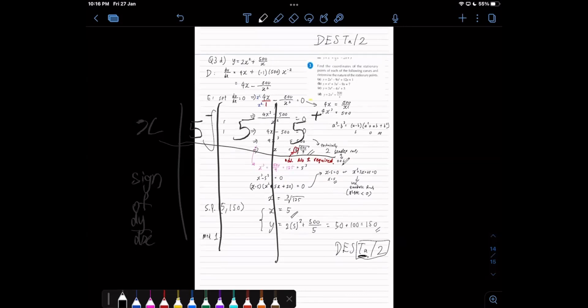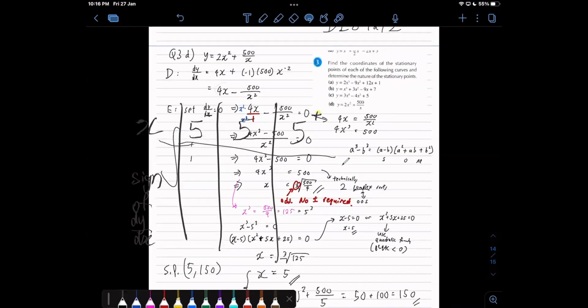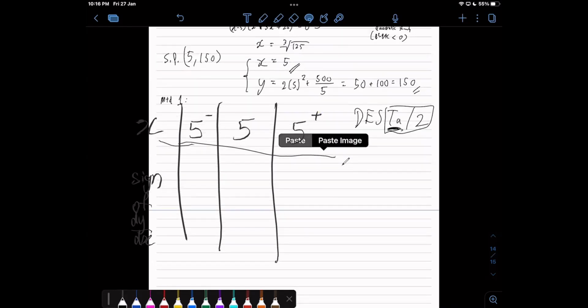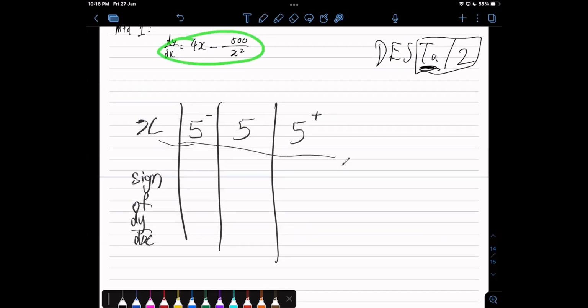Okay, I bring it down for you. 4x minus 5. You know you're trying to find the dy by dx now, right? Not y. A lot of students will get confused, y or dy by dx? It's dy by dx. Carry on.